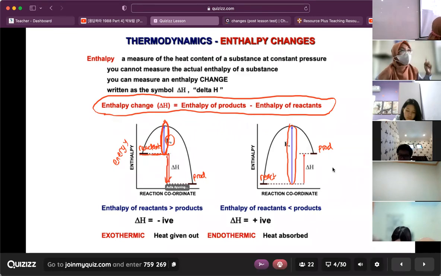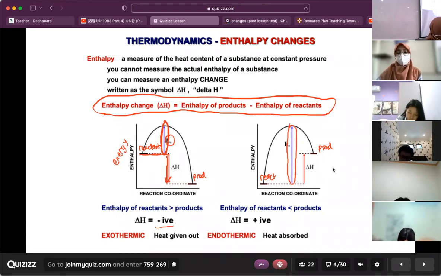And the arrow from the reactants' energy level to the products is what we call enthalpy change. If you notice the arrow is going down, that means if the reaction is exothermic, the enthalpy change value will be negative. For endothermic it is the reverse.